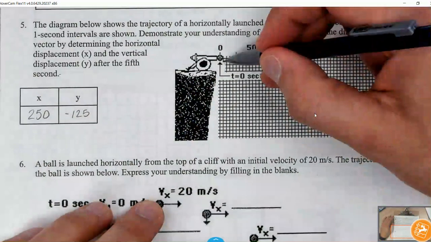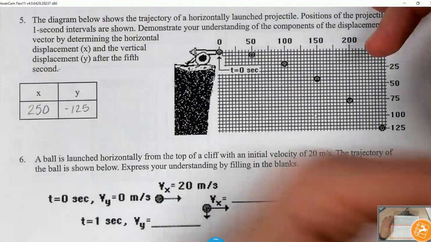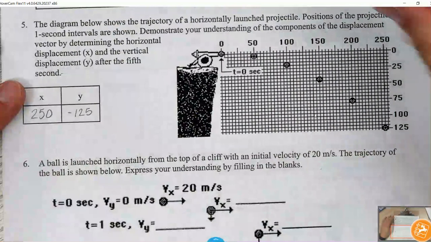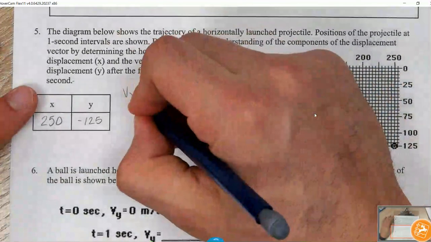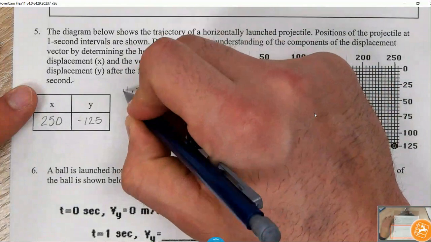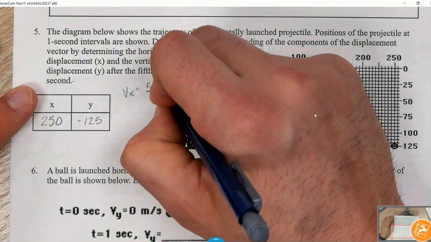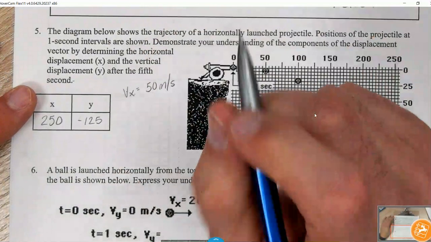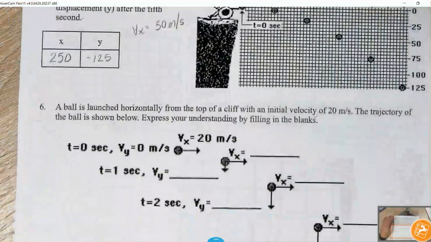So that means if every second it is moving 50 meters in the x direction, it was shot out of the cannon at 50 meters per second. So you would know just by the picture that you would have had a horizontal velocity of 50 meters per second. That's constant for as long as this thing's in the air, because we have no forces in the x direction, that is 100% constant.